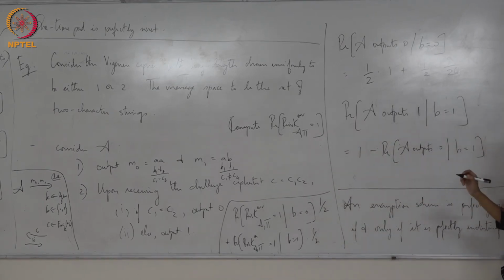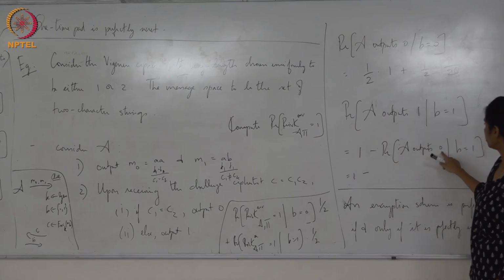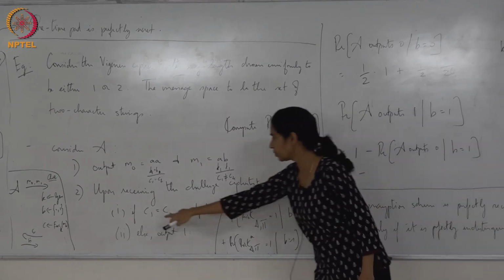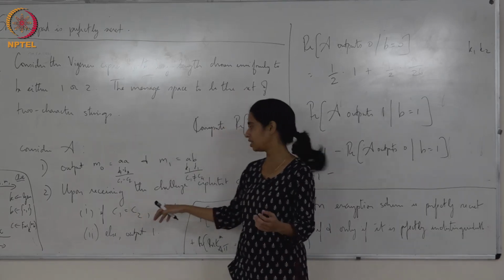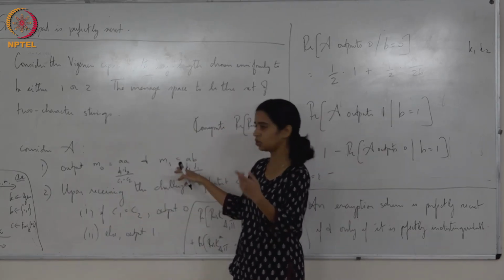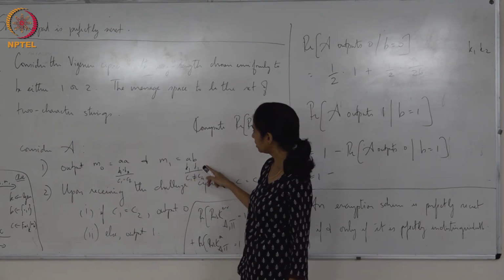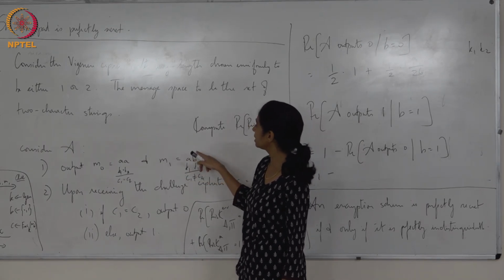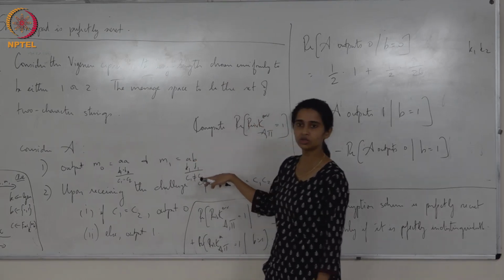Although it's not what you intended to do, this is in fact easier to work with. So here, A will output 0 only when C1 equals C2. And in the case where M1 is encrypted, since the same key character is repeated and the plaintext characters are not repeated, C1 will never be equal to C2.